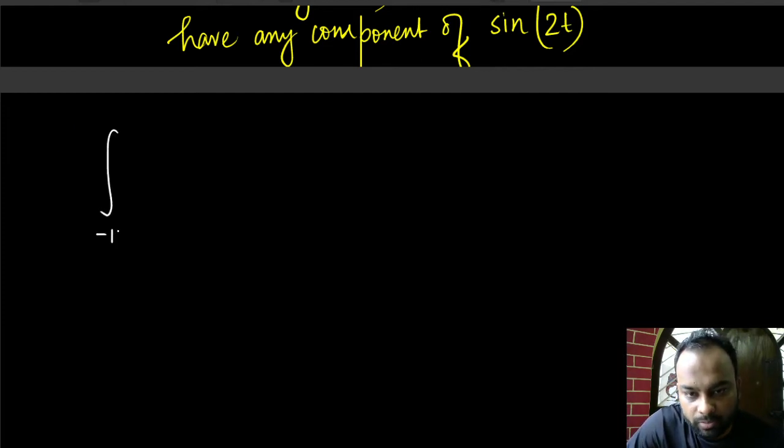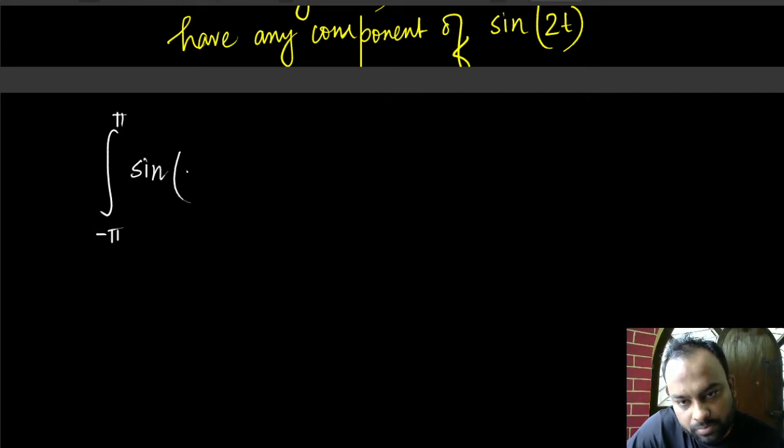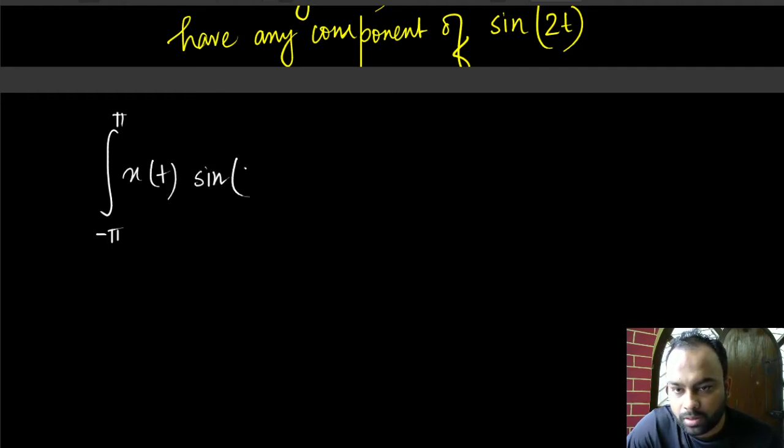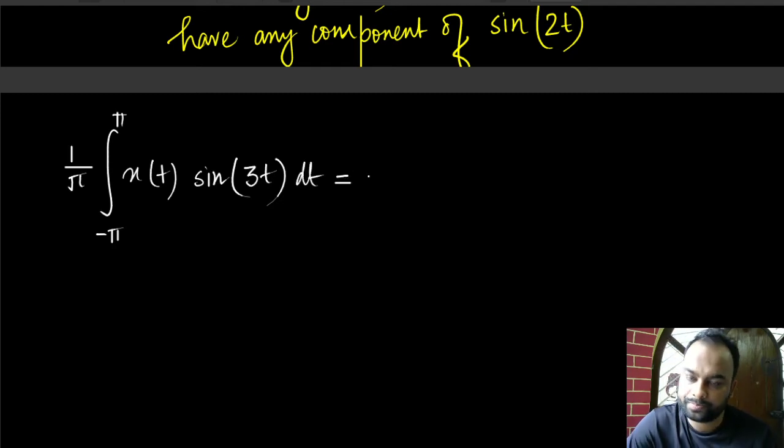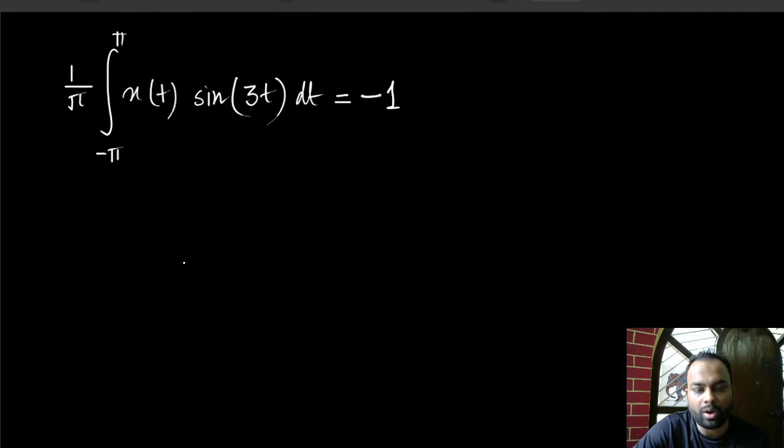Let's say we also did this integration, and the result is, say, -1. So what can I now say about xt?